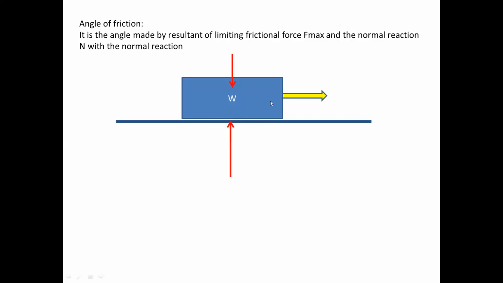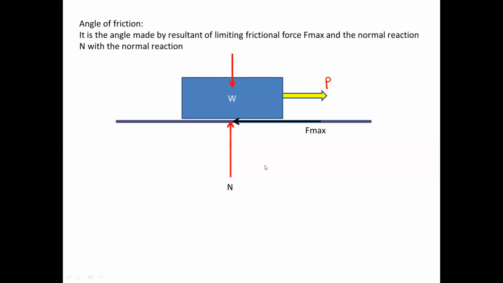Suppose we try to pull the block by applying some force P in the horizontal direction as shown in figure. Because of the force P in the rightward direction, there will be an opposite frictional force. This frictional force is equal to the F max.